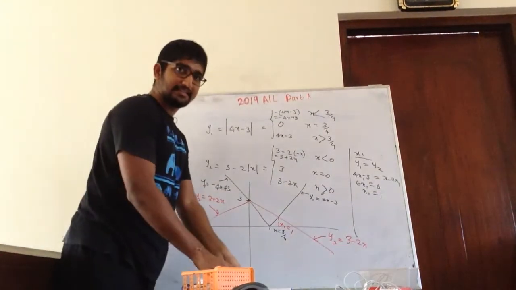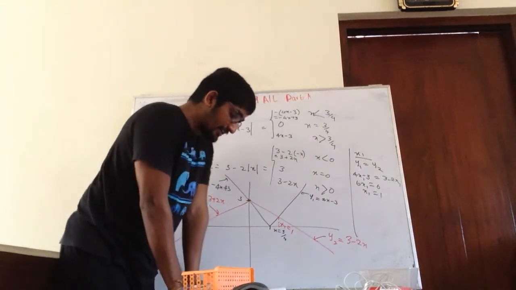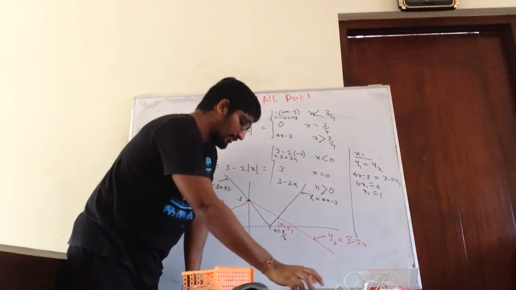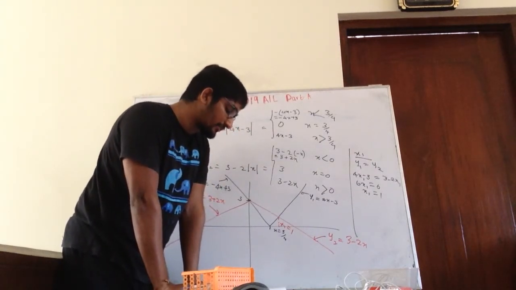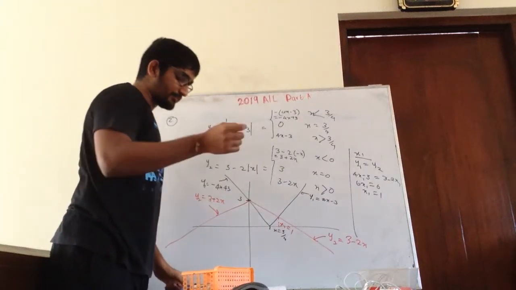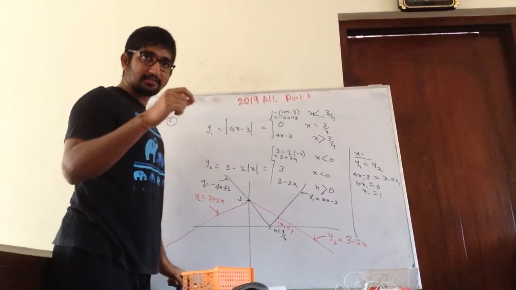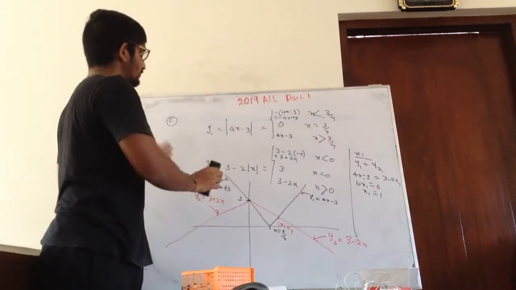Okay, now listen carefully. They are saying: hence or otherwise, find all real values of x satisfying the inequality 2x minus 3 plus modulus x is less than 3.